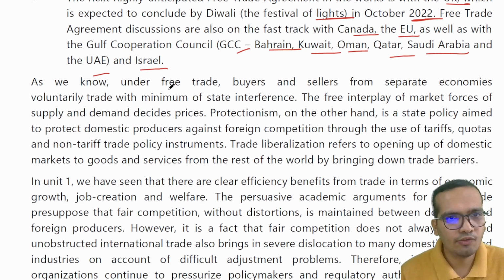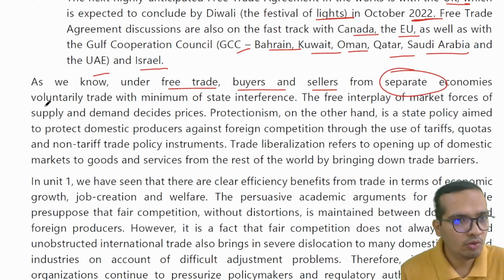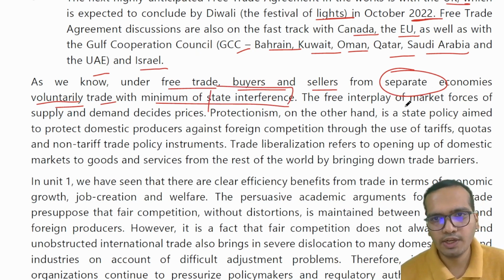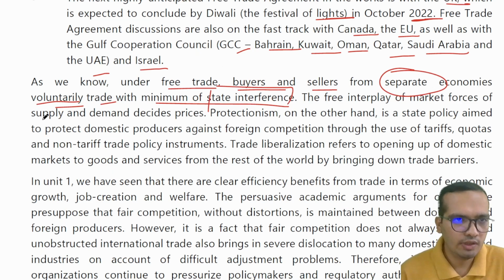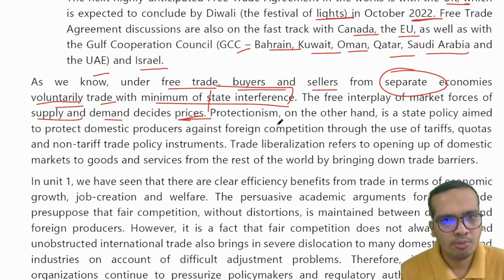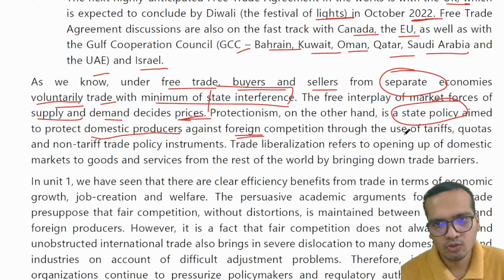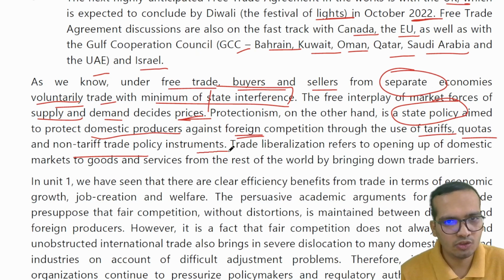As we know, under free trade agreements, buyers and sellers from separate economies voluntarily trade with the minimum of state interference. The free interplay of market forces of supply and demand decides the prices. Protectionism, on the other hand, is a state policy aimed to protect domestic producers against foreign competition through the use of tariffs, quotas, and non-tariff trade policy instruments.